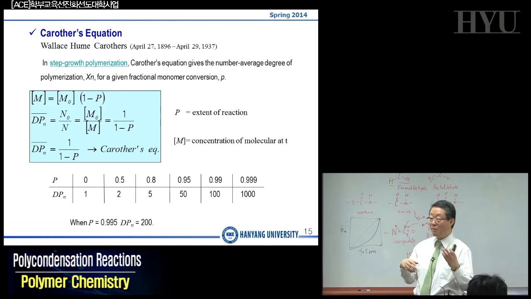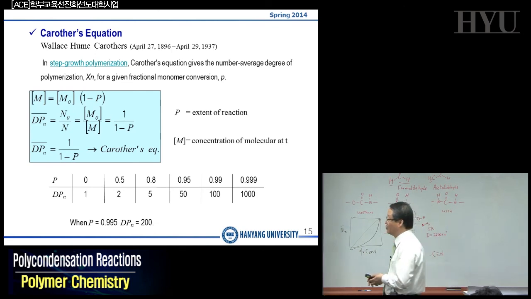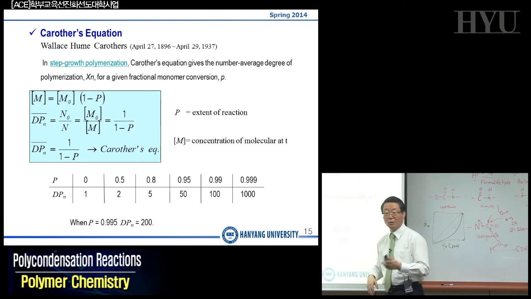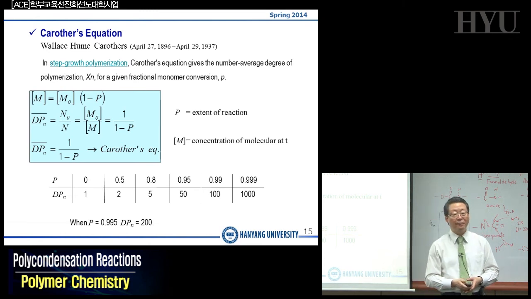But if you have a complex functionality, meaning that in the case of phenol you have a functionality of 3 instead of 2, right? So we want to generalize the Carothers equation by knowing the mole fraction and functionality. So this equation will be a little more complex, but simply, if you know the extent of reaction, then you can calculate the DPn.